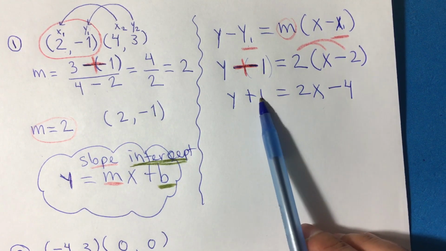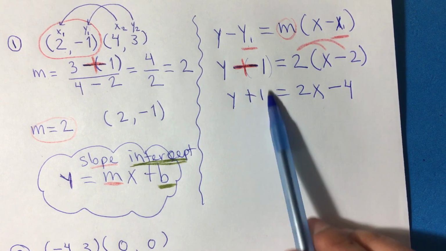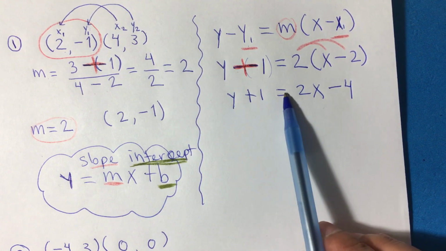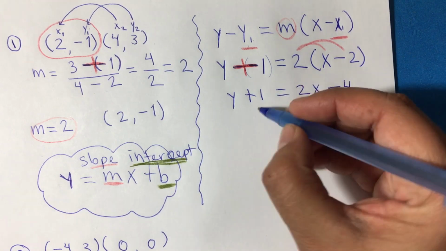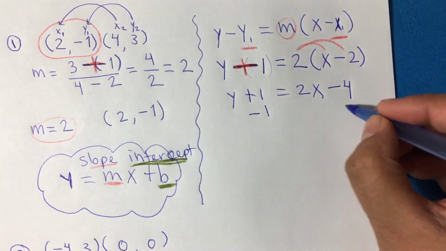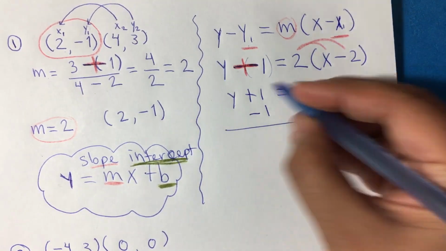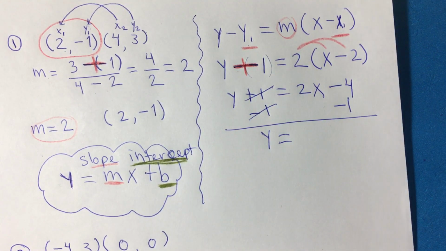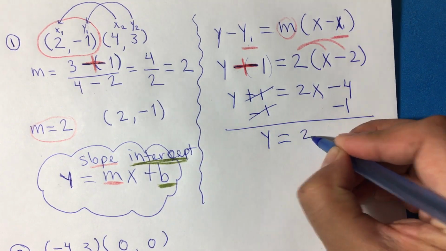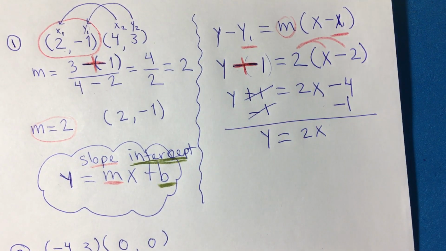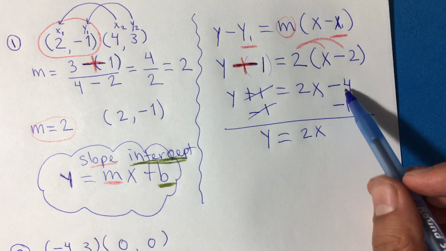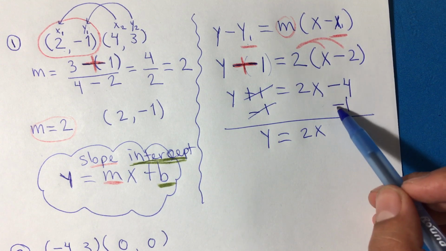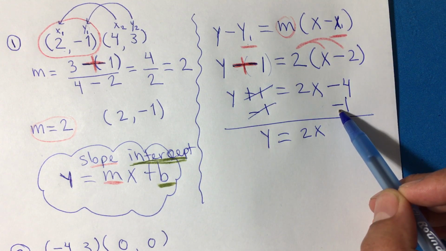So to be able to have y isolated, we need to get rid of whatever is next to it before the equal sign. So we're adding 1. The opposite is to subtract 1. But remember that subtraction doesn't necessarily mean subtraction. And why? Well, let me bring this one down first, and then we will check. Remember the rules of the signs? Same signs we add.